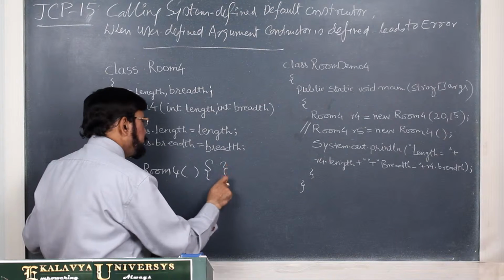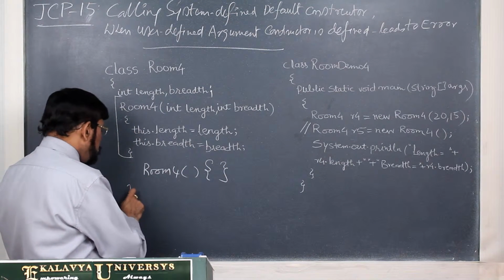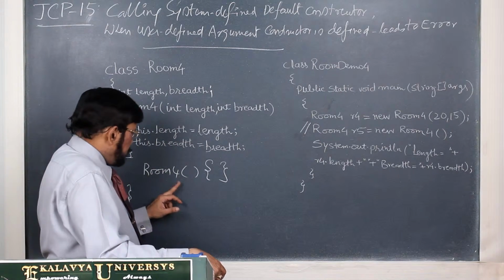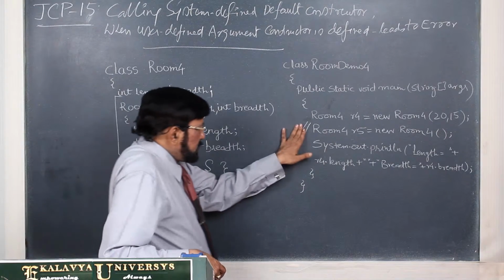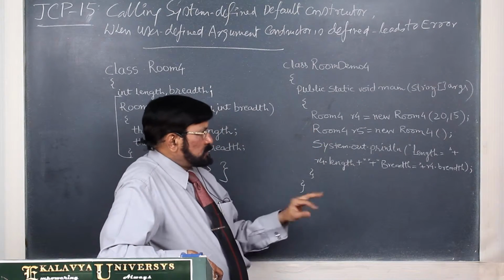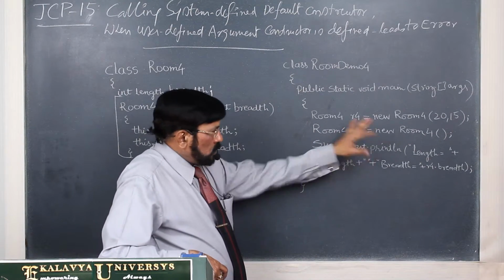Simply this, this is user defined default constructor. Then when you define user defined default constructor, if you remove the comment lines also, it works. As a result of that, the program works.